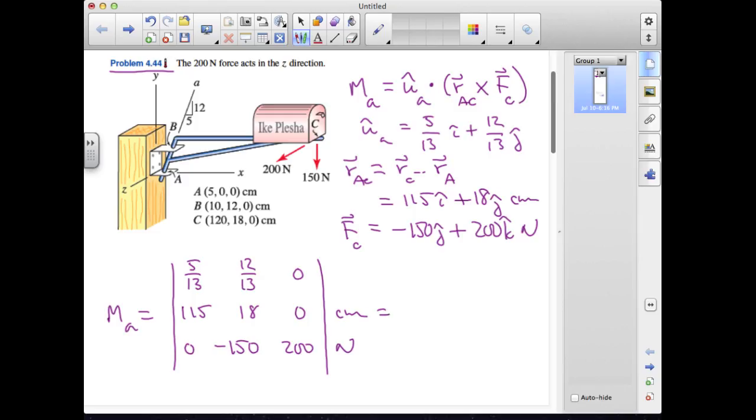And so we can see here that we won't have any contribution from the last column because we've got that 0 in that position, but we'll have contributions from the first two.